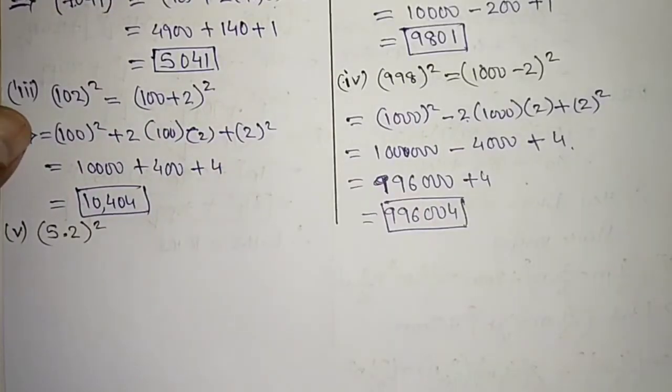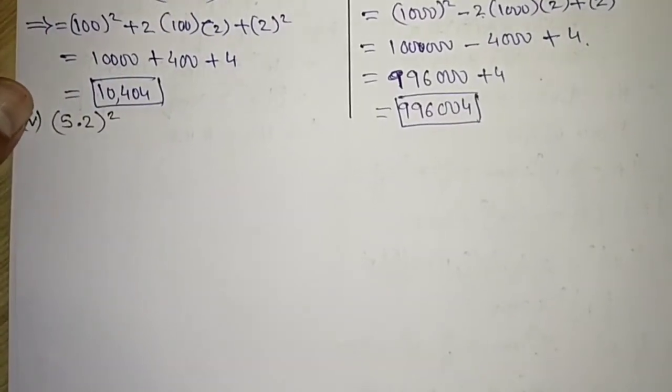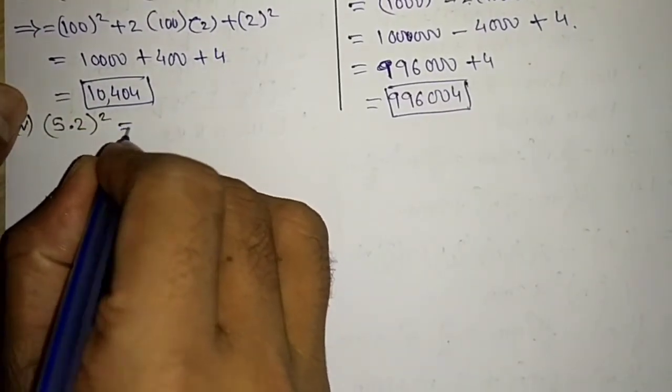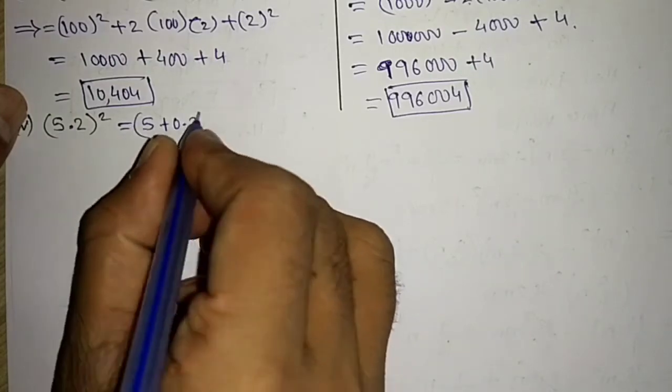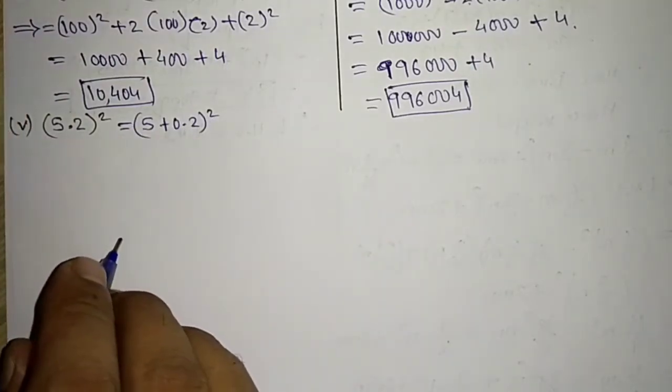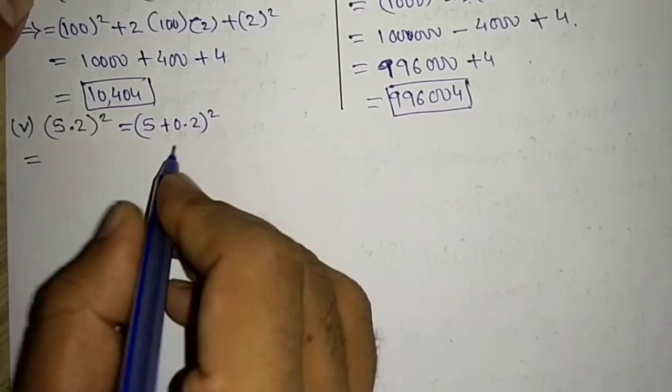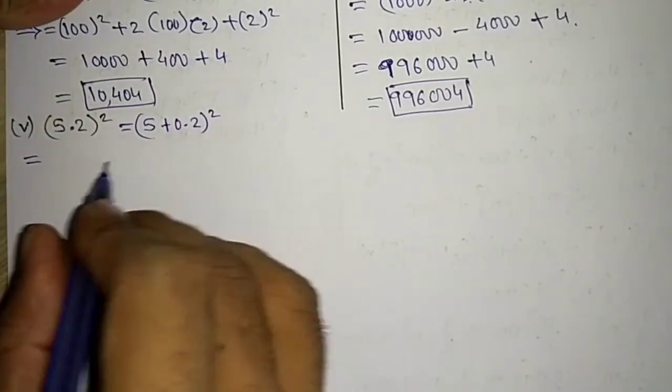Next question is 5.2 square. 5.2 square I can write as 5 plus 0.2 whole square. Now I can use the identity, that is a plus b whole square.